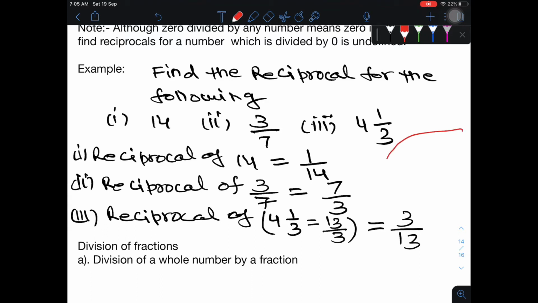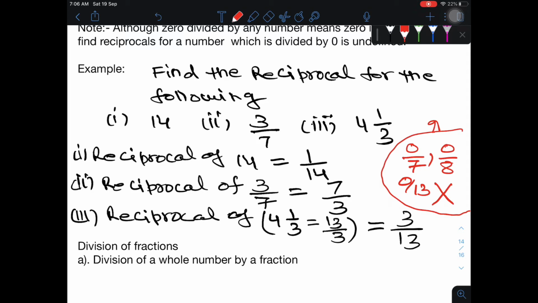But my dear students, always remember that I have written it also, but look at here, you cannot find the reciprocal for 0/7 and 0/8, like this, 0/13. So we cannot calculate the reciprocal for a number which is written as 0/7, 0/8, or any number where 0 is divided by that number.